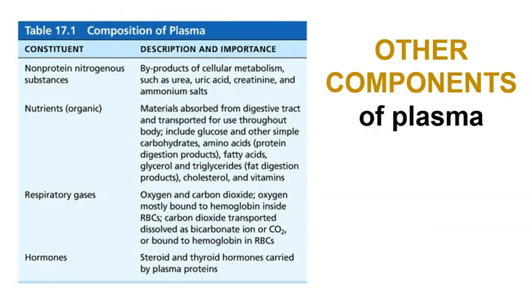So what are some other components that are found in plasma? There are non-protein nitrogen-containing substances that are waste byproducts of metabolism, and these are typically removed by the kidneys and excreted in the urine. There are also organic nutrients like carbohydrates, amino acids, and fatty acids.